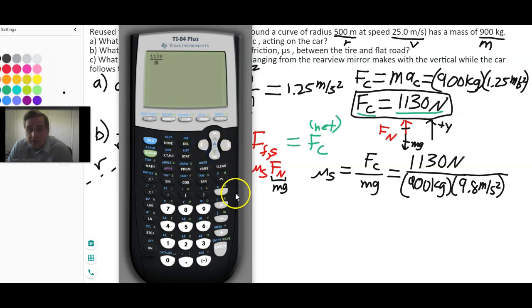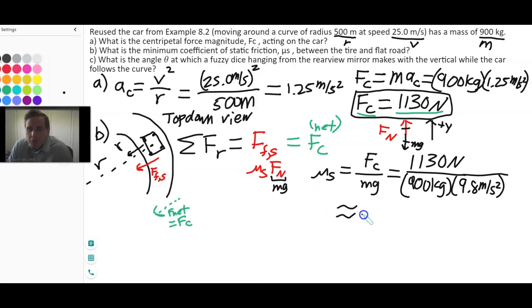And I'll just go to the bottom of the stack: 900 times 9.8. Enter. Okay, so that's about 0.128. By the way, remember, mu s is unitless because this is newtons divided by newtons. So this is our answer, and our answer doesn't have any units.